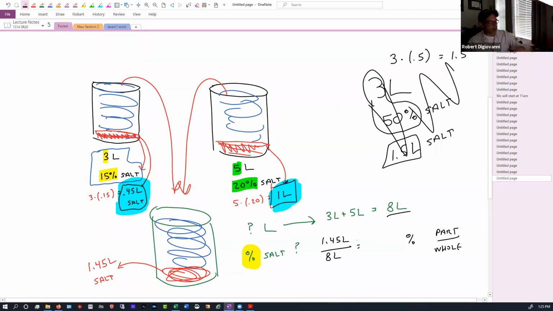So if we do that on our calculator, 1.45 divided by 8, we get 0.18125 is what I'm getting, which is about 18.125%.